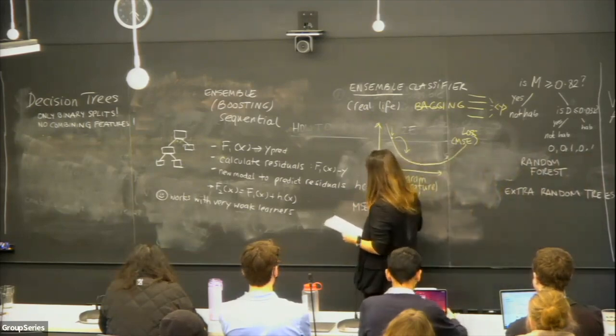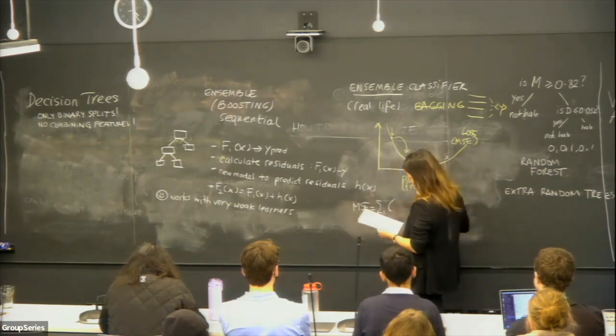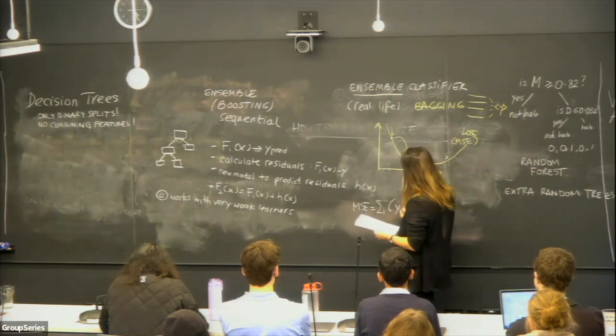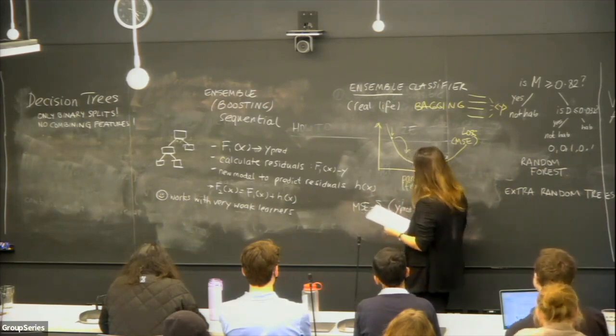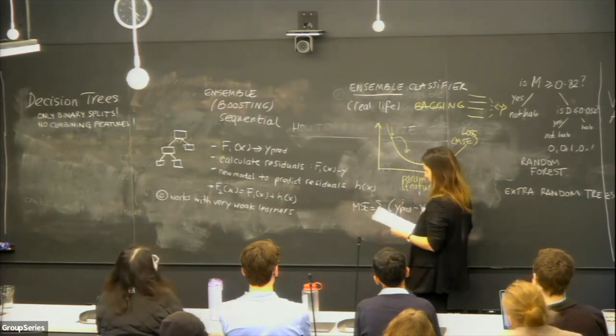Right, the MSE loss is just the sum over all the possible examples that you have of the vector of your predictions for all the objects minus the vector with the true values, squared.